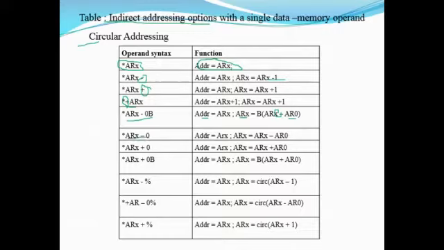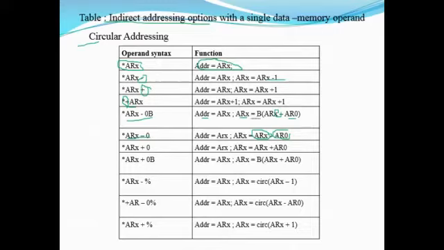Similarly, ARX minus 0. Now we see that B represents the bit reversal. Now ARX minus 0 is just the subtraction of the content of AR0 from the content of the ARX register. So here we don't see the bit reversal operation done.